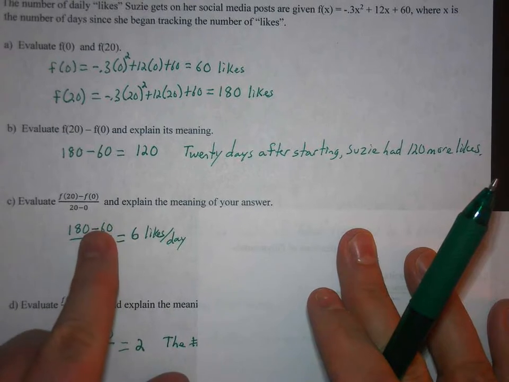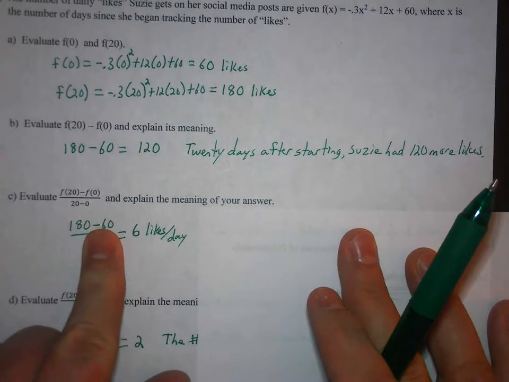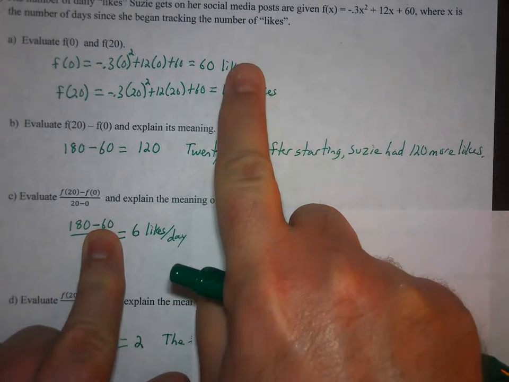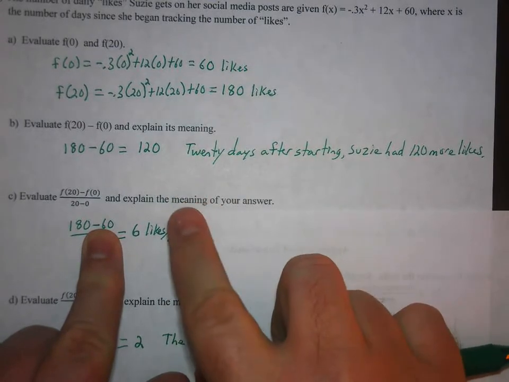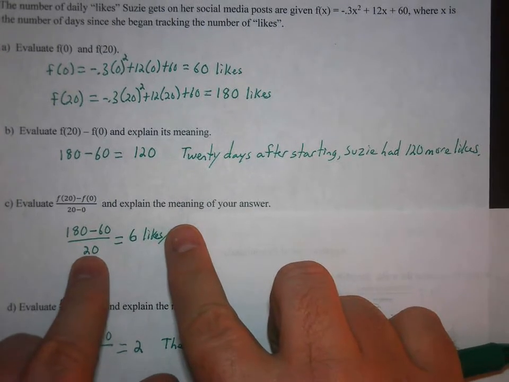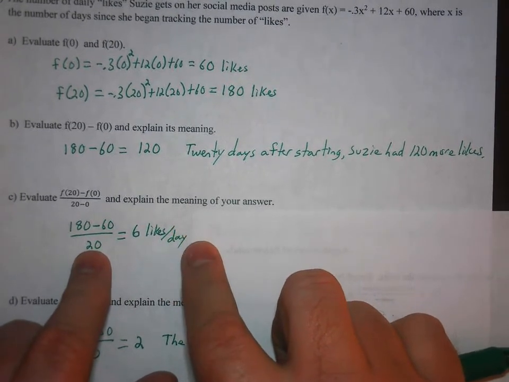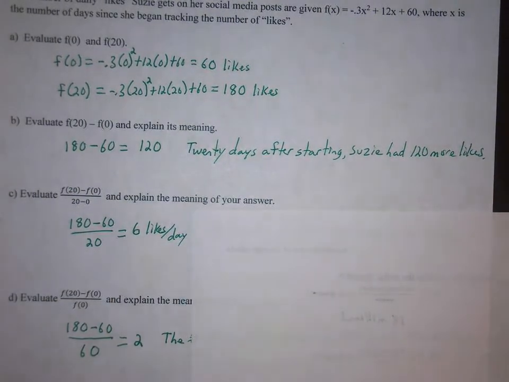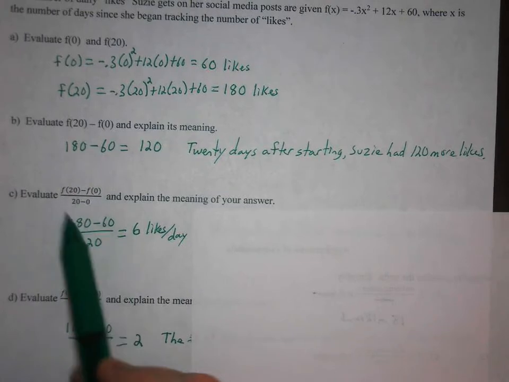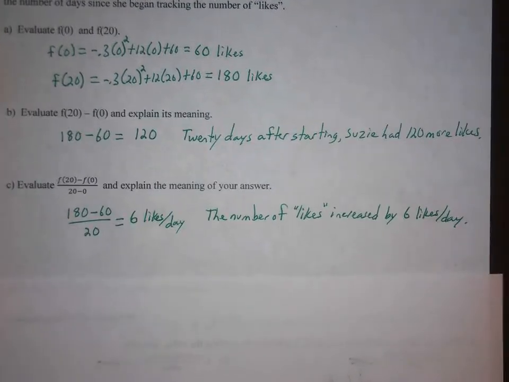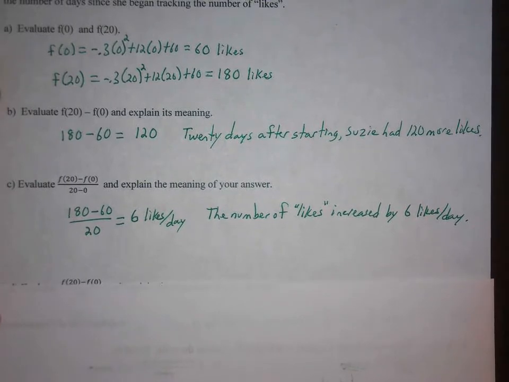So think about in the numerator, 180 represented 180 likes, minus 60 likes gives you 120 likes. And then on the bottom, that 20 minus 0 was the number of days that went by. So 6 likes per day, think about what that means, is your slope, or rate of change. So the number of likes increased by 6 likes per day.